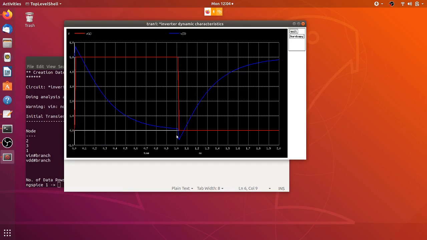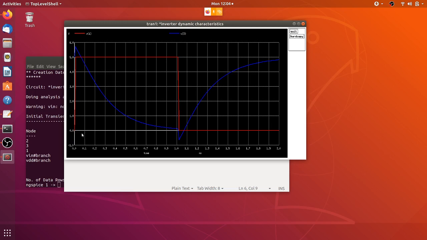Is that clear? It is taking 1 nanosecond for the output to go from high to low. When the input of an inverter goes from 0 to high, output should go from high to low, but that high to low transition is happening in 1 nanosecond time.